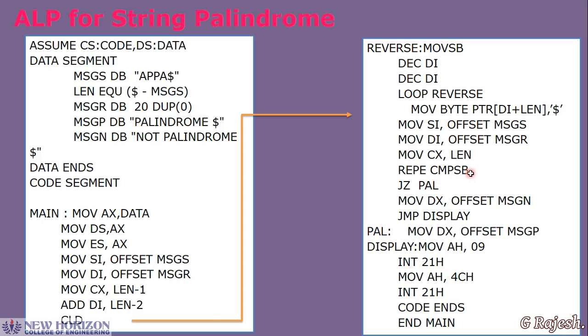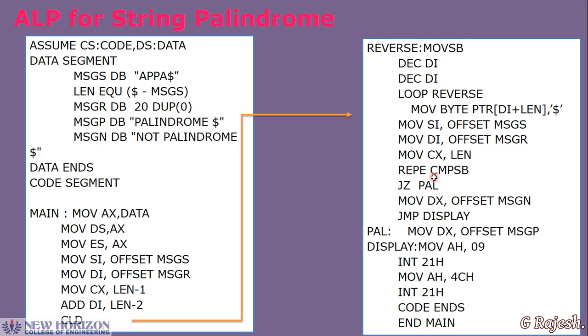The contents pointed to by the source index register and the contents pointed to by the DI register are compared. If they are equal, CX is decremented by 1, SI is incremented by 1 and DI is also incremented by 1, and again we repeat the comparison operation.